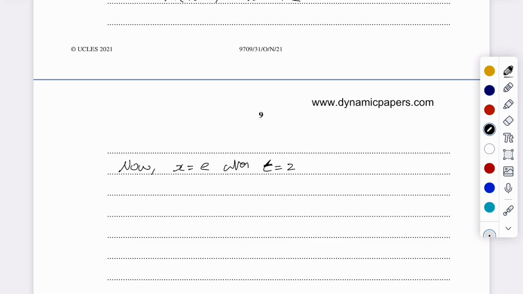So therefore, negative ln e is going to equal ln 2 plus c. And what's ln e? Ln e is 1.